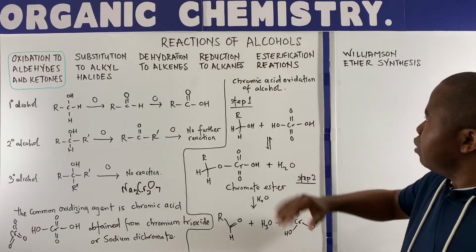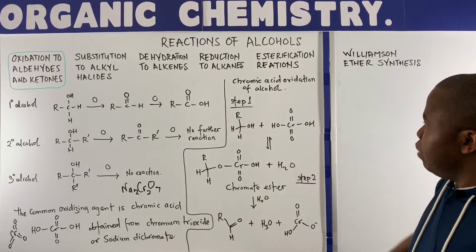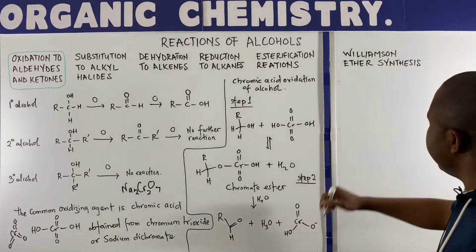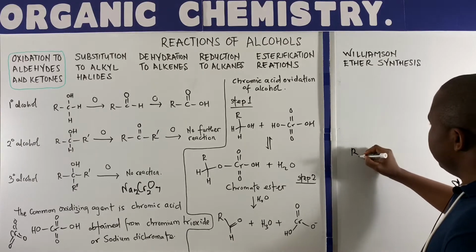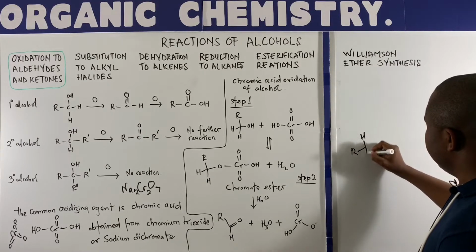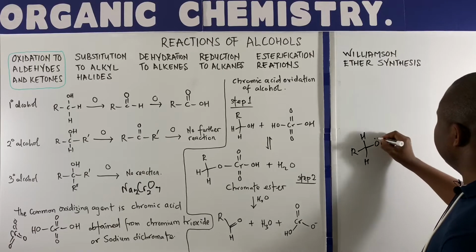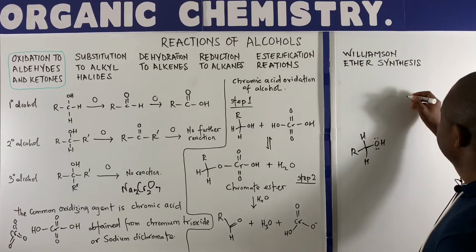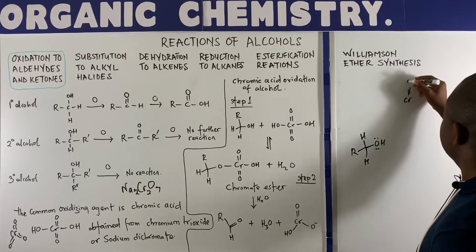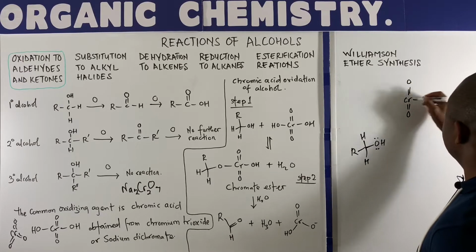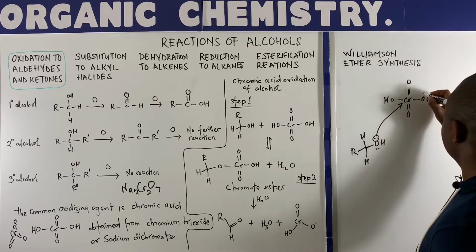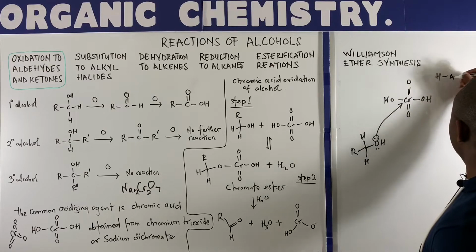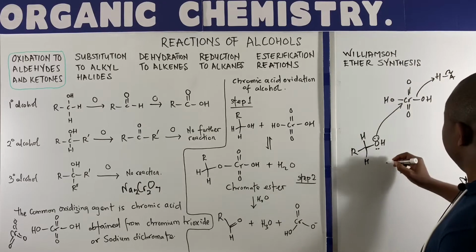But this reaction actually involves two steps. The first step is the formation of the chromic ester. So basically, you have something like this. This attacks the chromic acid, and there's an acid somewhere, picks up the proton on the acid, and then we have these intermediates.